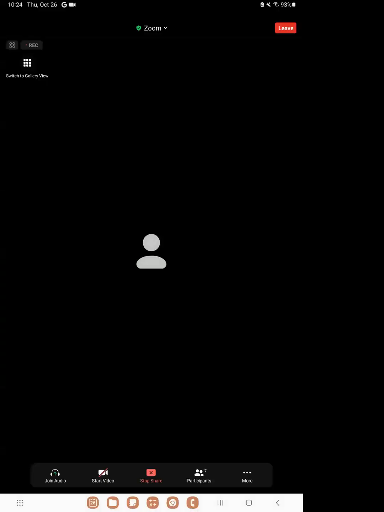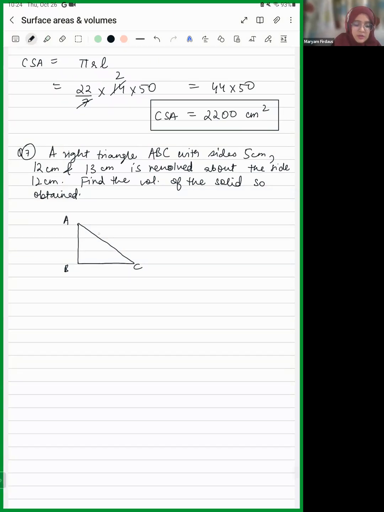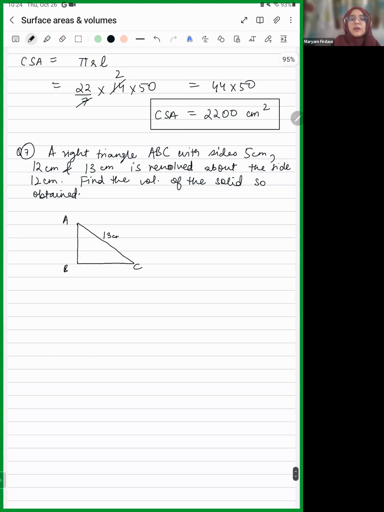I will share this thing again. Now, in this, the 13 centimeters is your hypotenuse. The longest side is always the hypotenuse in a right angled triangle. And they are revolving it about the side 12 centimeters. See, it can be revolved about both the sides.